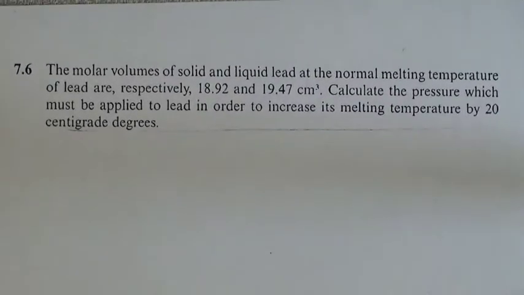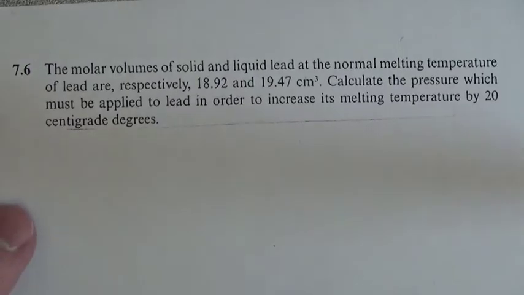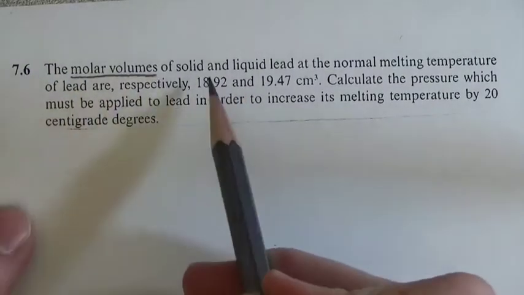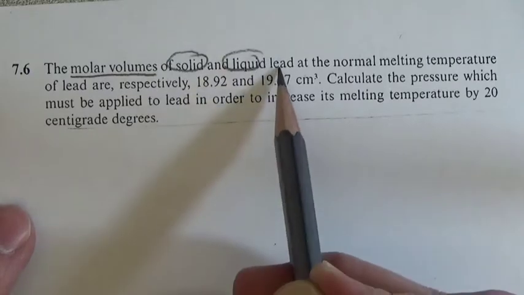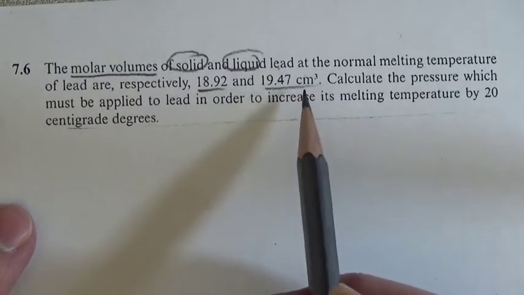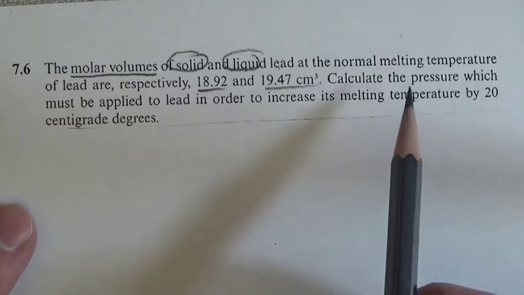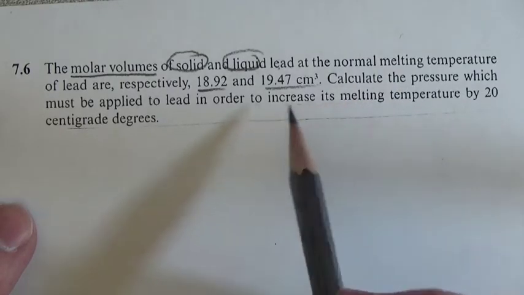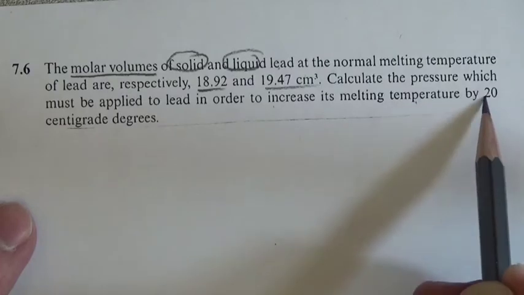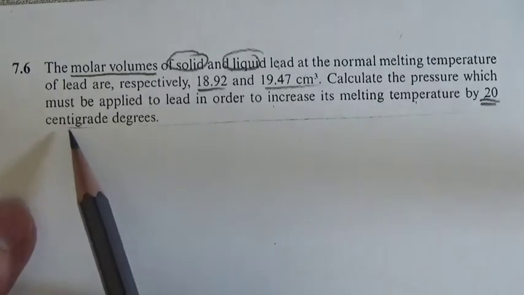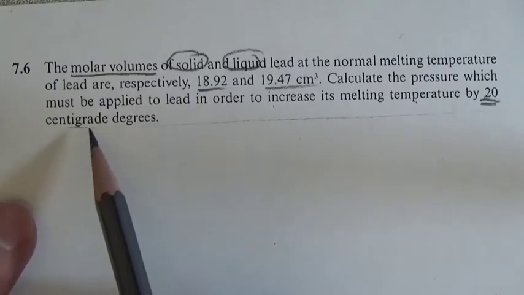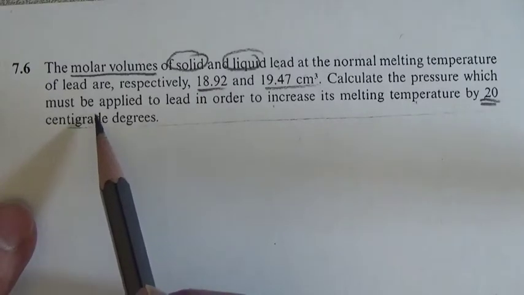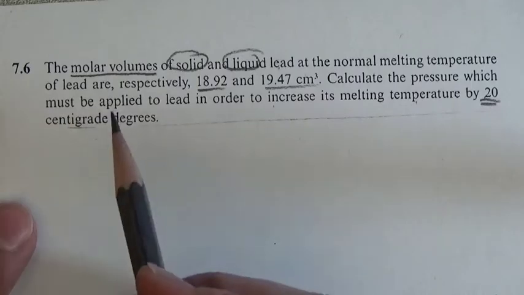Okay, now let's look at problem 7.6. In 7.6, we're given the molar volumes for the solid and the liquid of lead, and we're saying if we want to increase the melting temperature by 20 K, what do we have to do as far as changing the pressure?